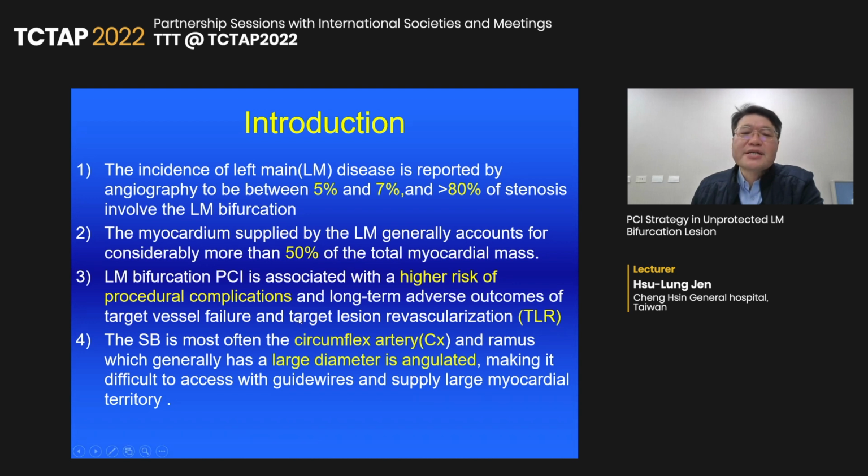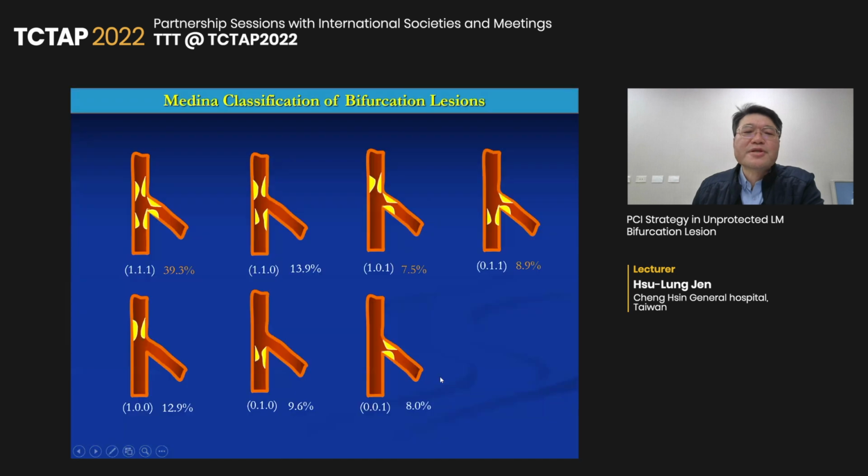Left main PCI is associated with a high risk of procedural complications and long-term adverse outcomes, including target vessel failure and target lesion revascularization. The side branch is often the circumflex and ramus, which generally has a large diameter and angulation, so it is difficult to access with a guide wire and supplies a large myocardial territory.